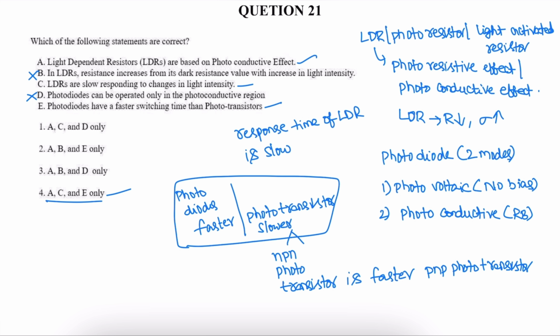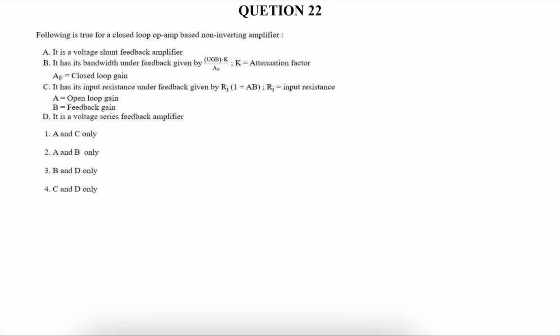Next question. So closed loop non-inverting op amp. In closed loop non-inverting operational amplifier, output voltage is sampled.